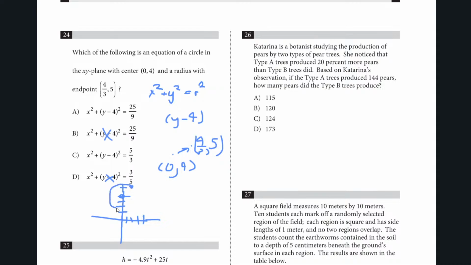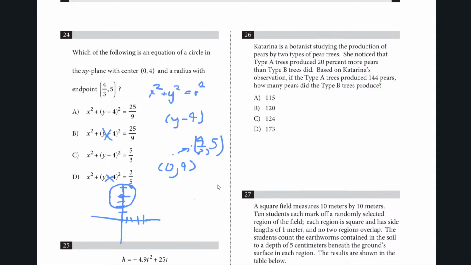So this is the circle roughly. It does form a triangle. So we can find that, or we could just look at the distance between the 2 points. I'm making it much harder than it needs to be.